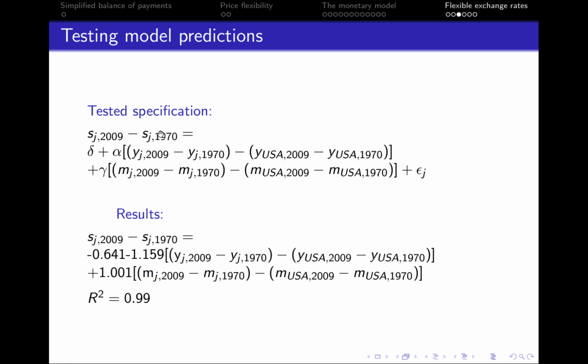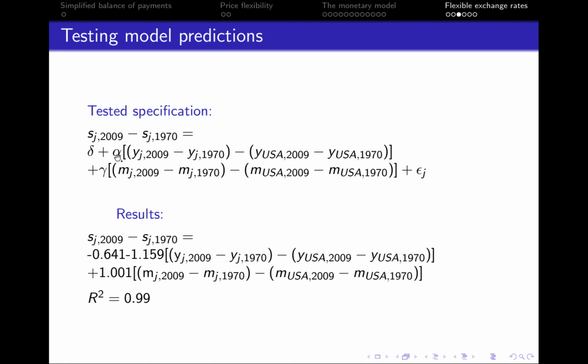Because those are in logarithms, we've got the growth rate, so basically the change in the exchange rate over this 30-year period. Then we've got some constant gamma. We've got alpha, the parameter from the model. And what do we see here? Here is the growth rate of GDP, so by how many percent GDP has grown between 1970 and 2009 in comparison to the same in the US.